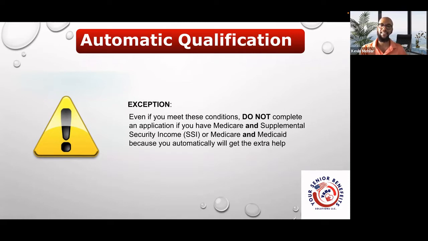Anytime you have Medicaid, you automatically have extra help. The extra help income limit is a little bit higher, so people that don't qualify for Medicaid might qualify for extra help. But anytime you do get Medicaid, Medicaid includes extra help.